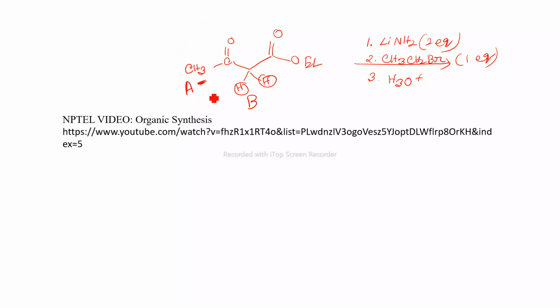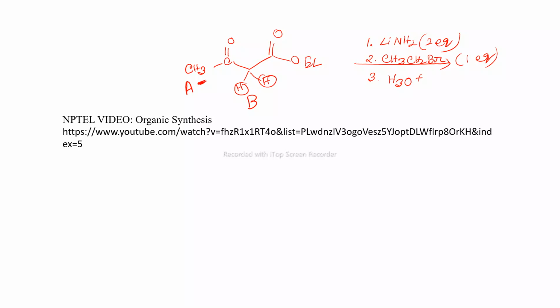Which hydrogen is more acidic? A type of hydrogen or B type of hydrogen? Any answer?